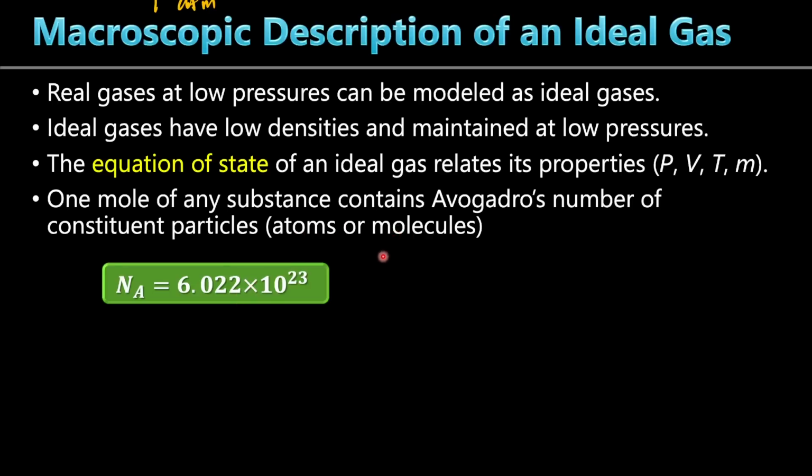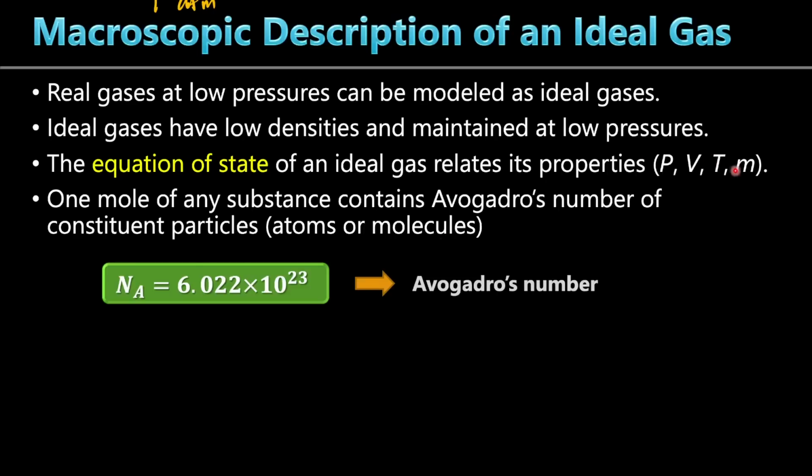Sometimes, they can be ions. If we're talking about a sample of matter that possesses a net charge, then it's proper to describe the particles as ions rather than atoms or molecules. Once again, this is Avogadro's number, which is a constant in physics and chemistry. In most calculators, this is constant 24.